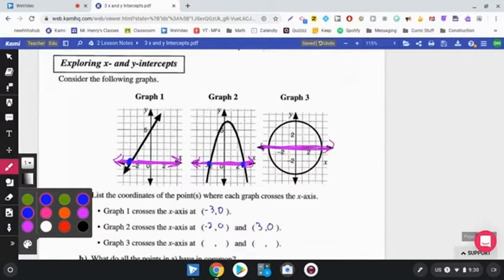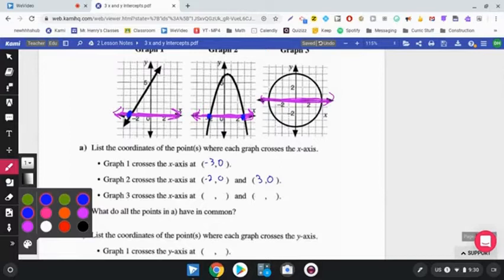So I actually have 2 x-intercepts for that graph. That's kind of interesting. And then the third one, I have 2 again. One there, one there. (-4, 0), and then 1, 2, 3, (4, 0).